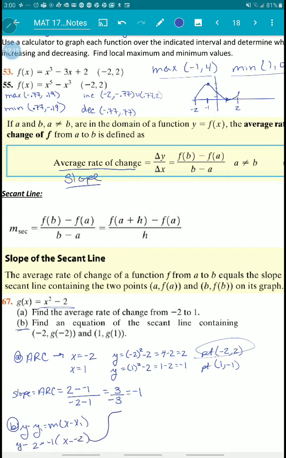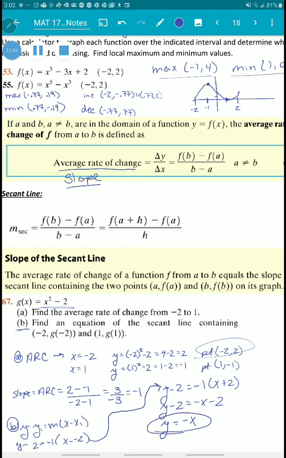Be careful and watch your negatives on these. y minus 2 equals -1 times x plus 2. I like to clean it up first before I distribute. So we're going to get that secant line as y equals -x.